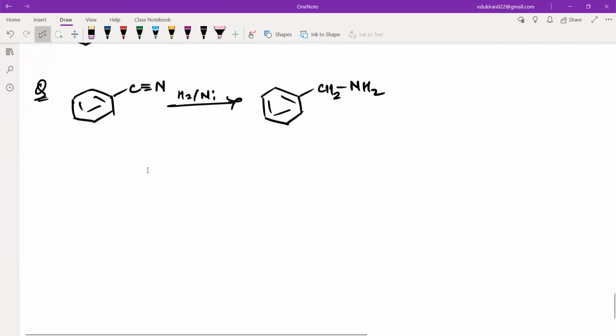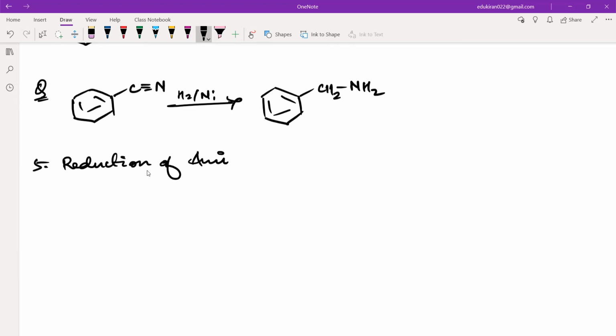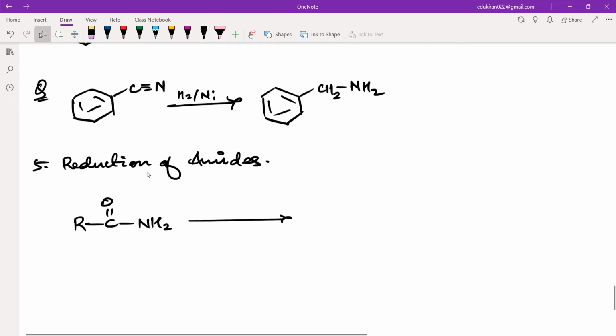Next is reduction of amides. In reduction of amides, you have R CONH2. Here also you are going to add LiAlH4. First step will be adding LiAlH4. Second, what do we use here?